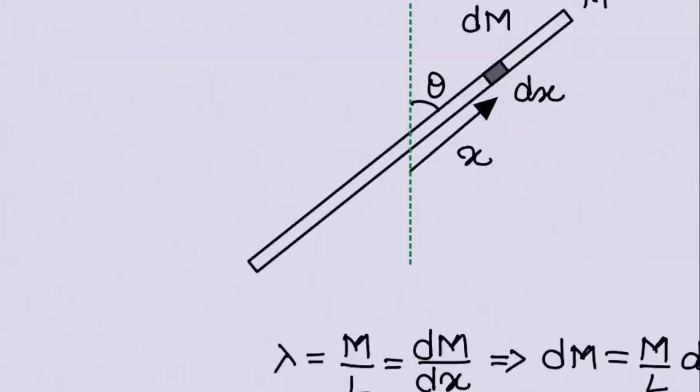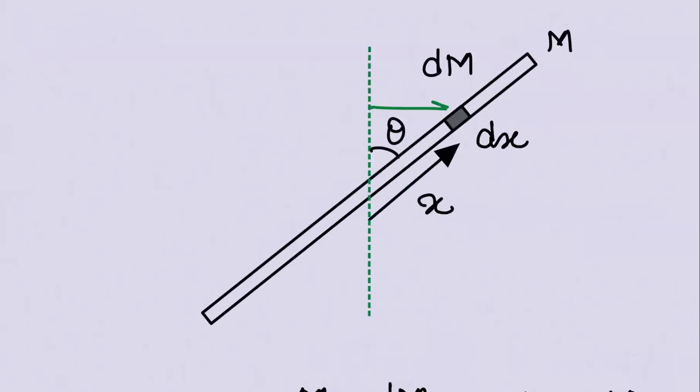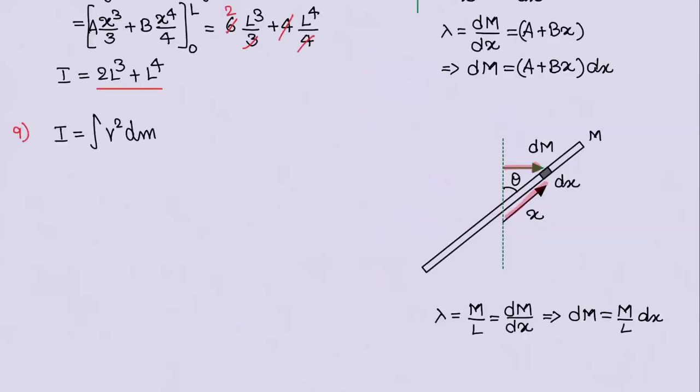Yes, this distance. How to get it? The distance is not x. X sine theta. Check it. So r is equal to x sine theta. That implies I is equal to integration of x square sine square theta dm.